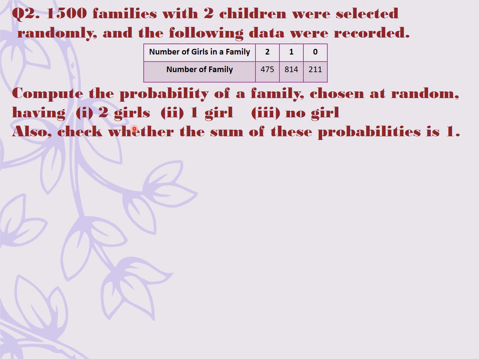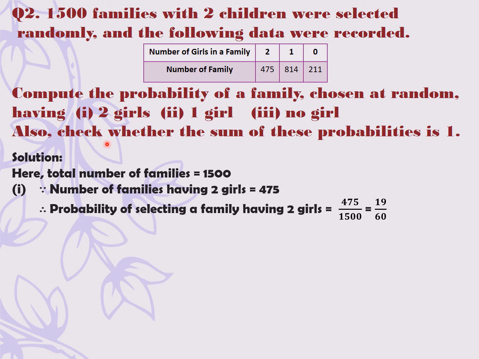From this particular data, we have to compute the probability of a family chosen at random having 2 girls, 1 girl and no girl. So from here we can say the total number of families, or total outcomes, should be 1500, as the total number of families is 1500. Out of the 1500, the number of families having 2 girls is equal to 475 from the given data.